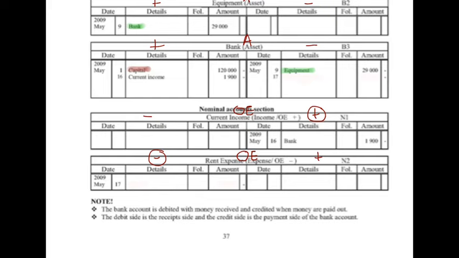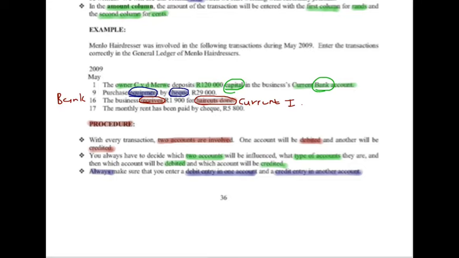So bank will be my account debited, but current income will be the contra entry, and then current income would be my account credited with bank in there as the contra entry. So again, I have a debit and a credit of both 1,900 Rand, so therefore my accounting equation is in balance.